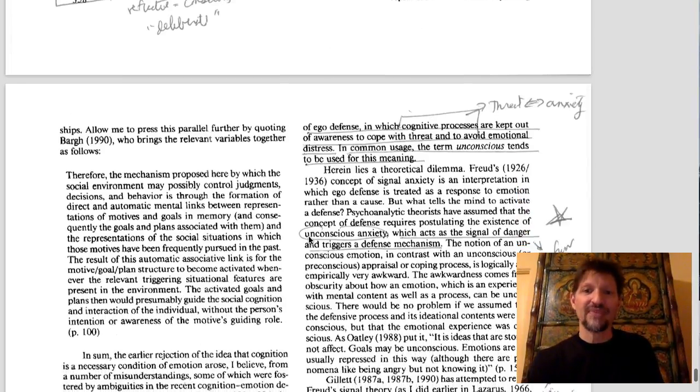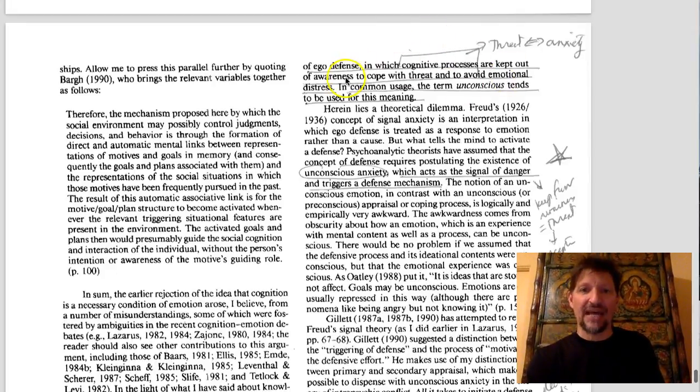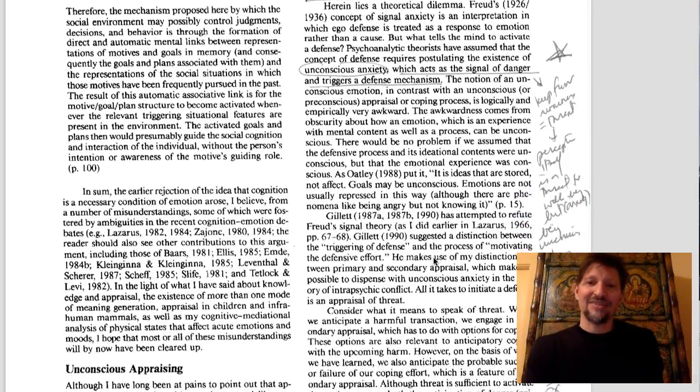So it does talk about cognitive process being kept out of awareness to cope with threat, and that sometimes happens, right? And that oftentimes happens in these more unconscious situations. But I want to say, so what? Okay, the thing that matters is that, if it was unconscious at one point, we understand why we kept it out of our cognition.